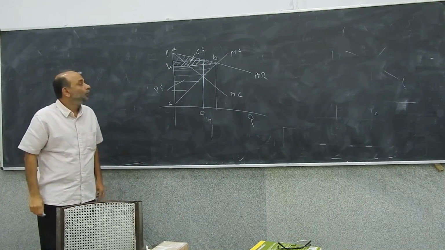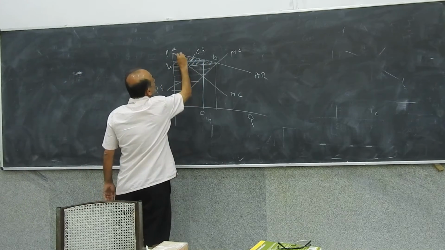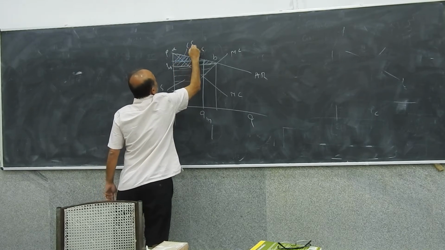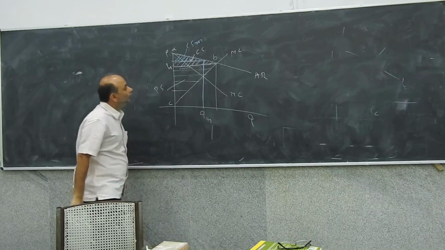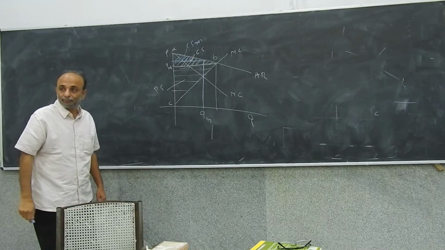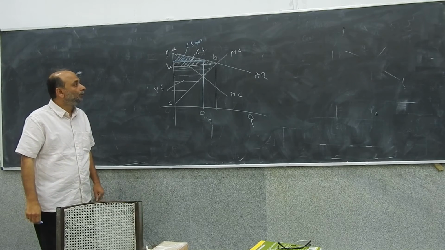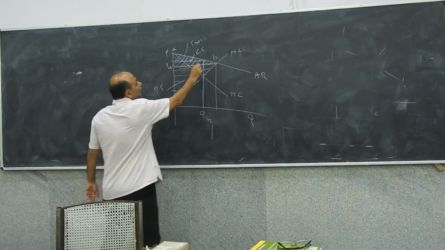Right? So what is the consumer surplus under monopoly? This triangle, right? The one with the blue dash. Consumer surplus under monopoly. What is the producer surplus? What is producer surplus?